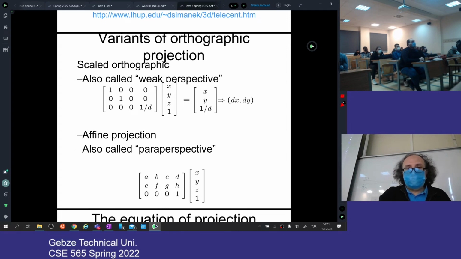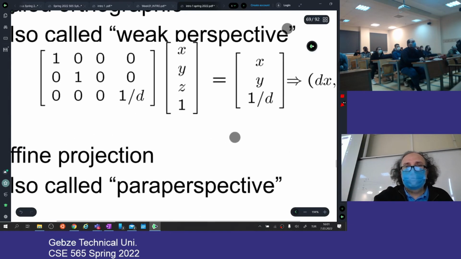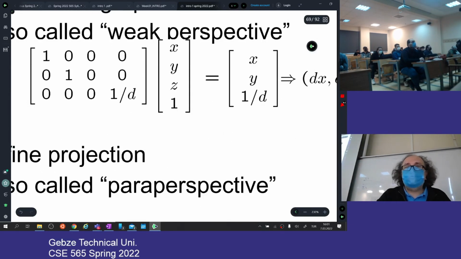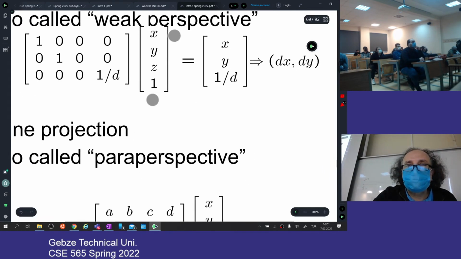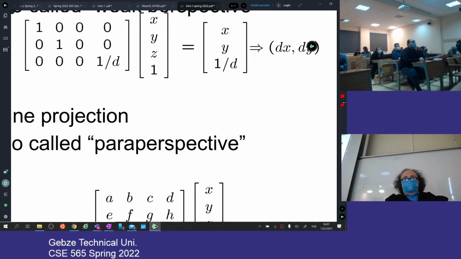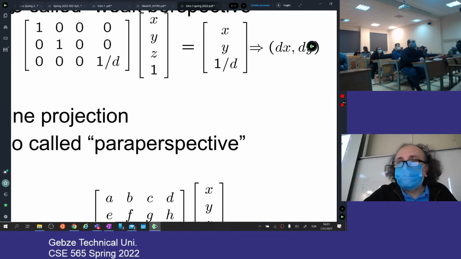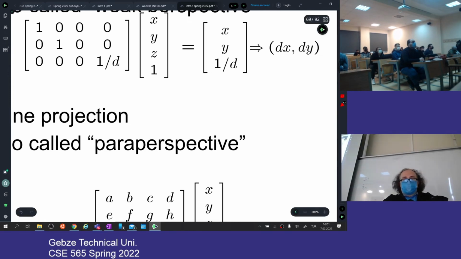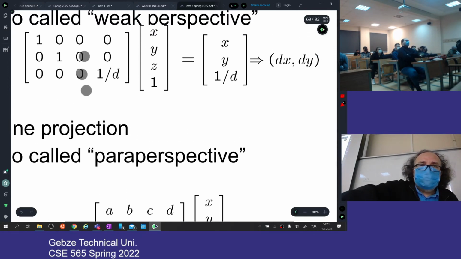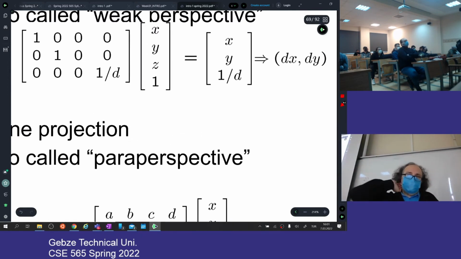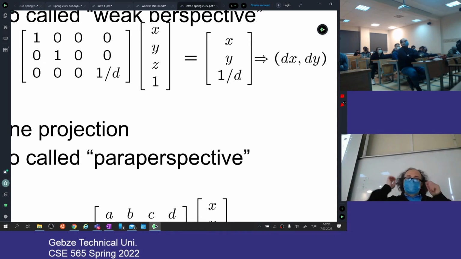How about this one? Can you read this one? Tell me the effect of this kind of equation. Can I make it this? What does it do? It ignores z. z is gone.